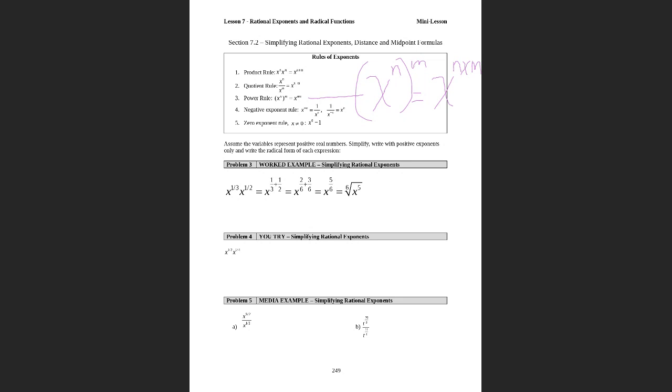You multiply the exponents. So if I have something like 2 to the power 4 to the power 2, this gives me 2 to the power 4 times 2, which is 2 to the power what? 8. That's it. 2 to the power 8.